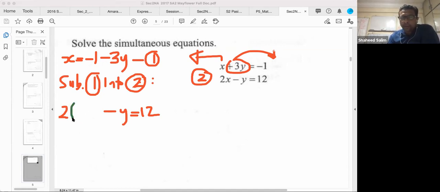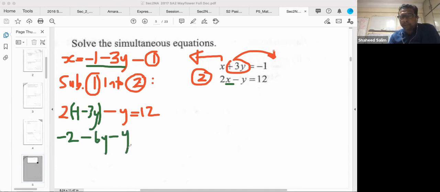What do I put? Minus 1 minus 3y. I'm putting the value of this one inside down here. So 2 times minus 1 minus 2, 2 times minus 3 minus 6y, minus y equals to 12.